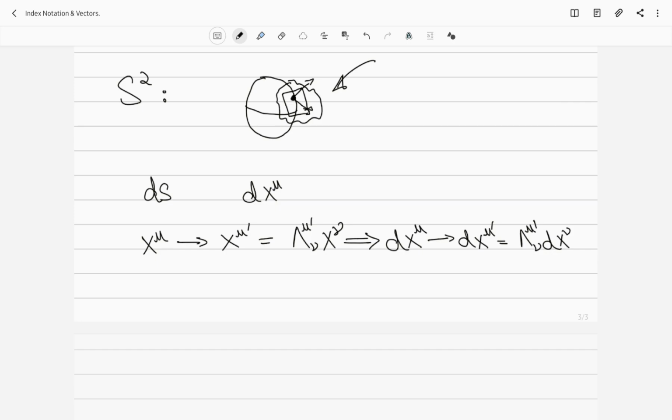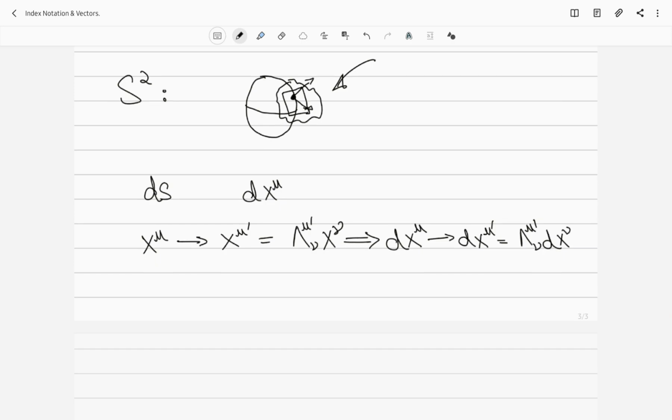I'll talk about dual vectors, and after that we will talk about tensors specifically. So my point here was that we are going to use this trick, and we will also use this when we talk about tensors, so pay attention, please.